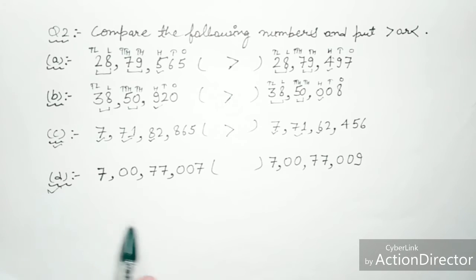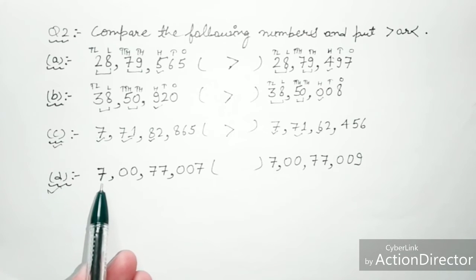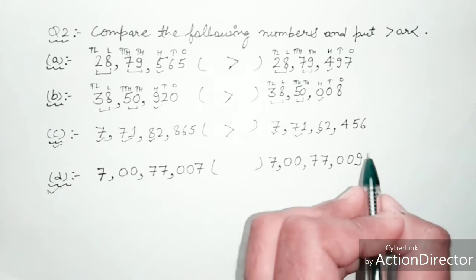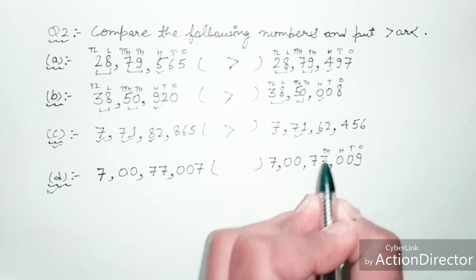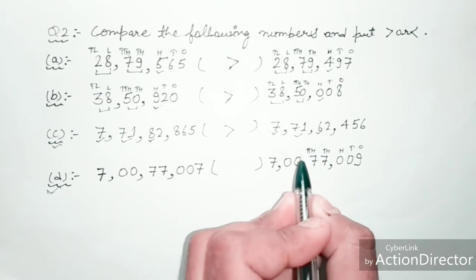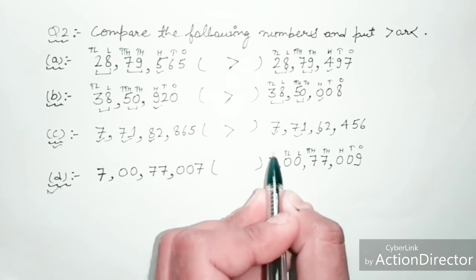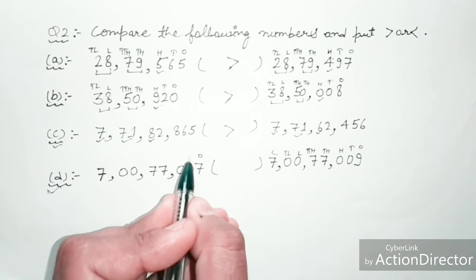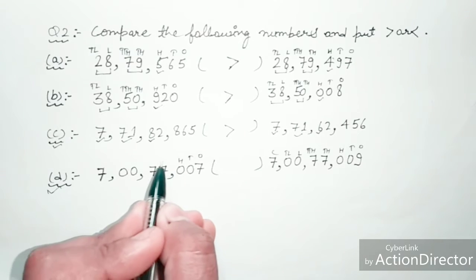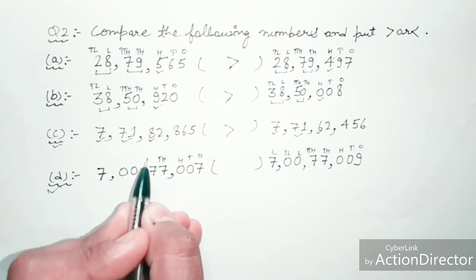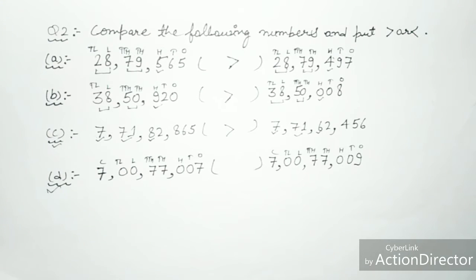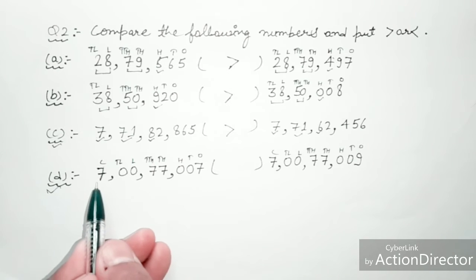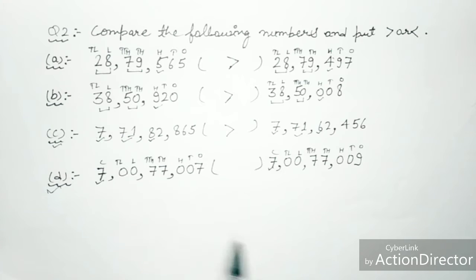Now example number D. Again we write place values: ones, tens, 100, 1000, 10,000, lakh, 10 lakh and crore. Now we compare crore places. So these both numbers are same.